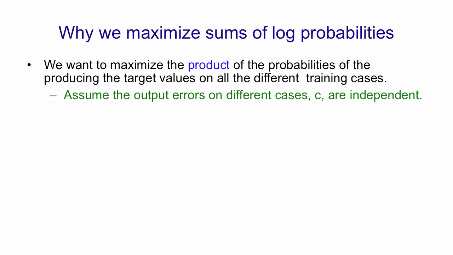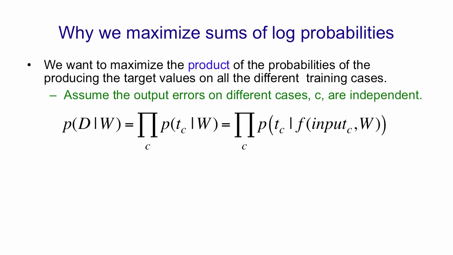If we assume that the output errors on different cases are independent, we can write that down as the product over all the training cases of the probability of producing the target value t_c, given the weights. That is, the product of the probability of producing t_c given the output that we're going to get from our network if we give it input c and it has weights w.